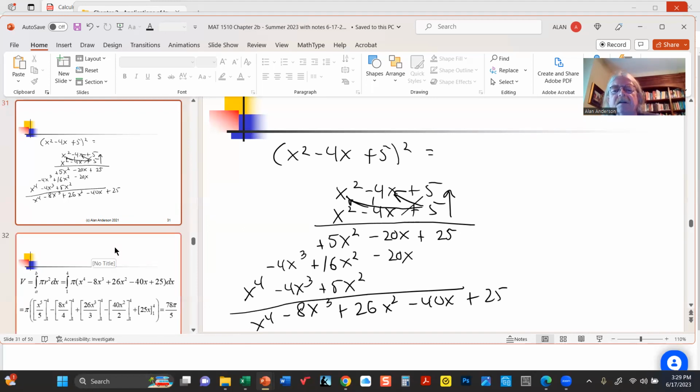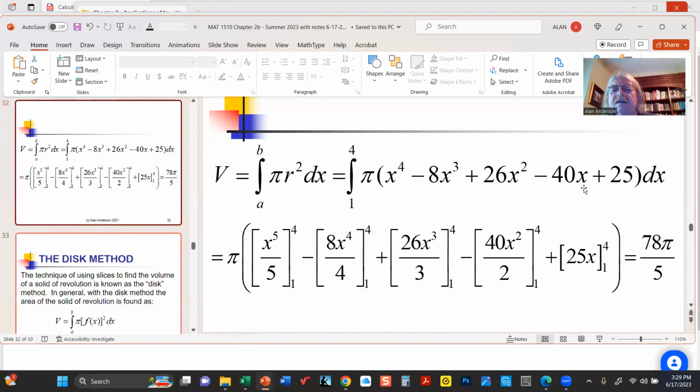So that means that what we actually have here is this catastrophe. And now we have to evaluate all of these individually using the power rules. In other words, x to the cube.